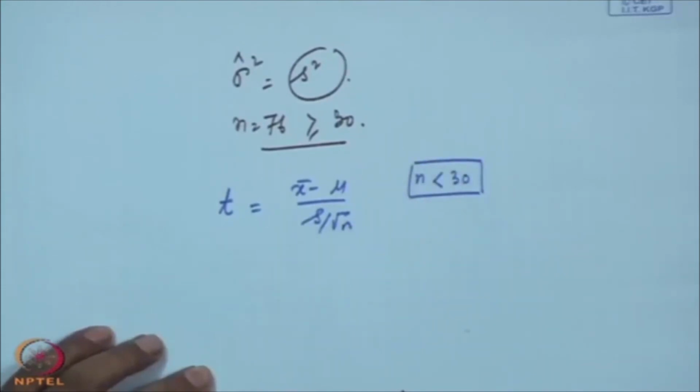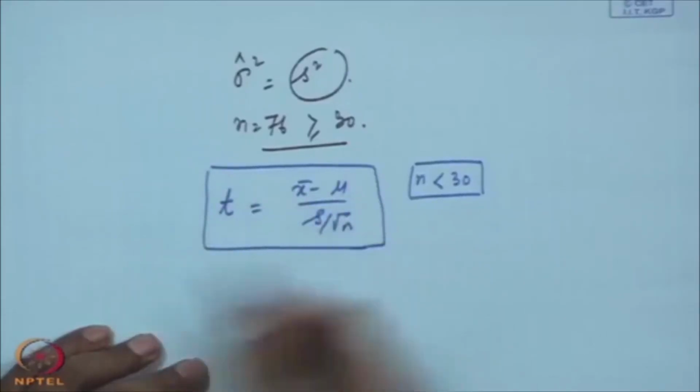Please keep in mind, when you sample from a normal population and the population variance is known, irrespective of your sample size, you will use the Z distribution. If the population variance is not known but the sample size is large, you will use the Z distribution.